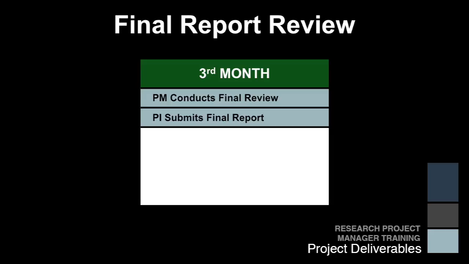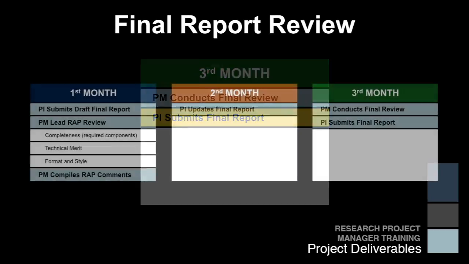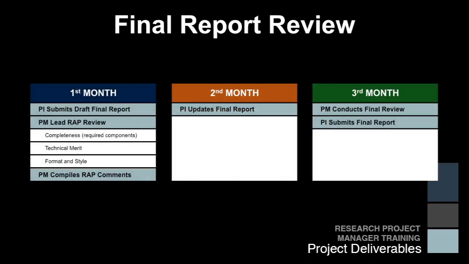In the final month, you will conduct the final review and provide approval. The principal investigator submits the final report after you have approved it. Once MDOT receives the research report passing your final acceptance, the final 15% of project costs are paid. MDOT holds this final 15% of cost to ensure delivery of the final report.